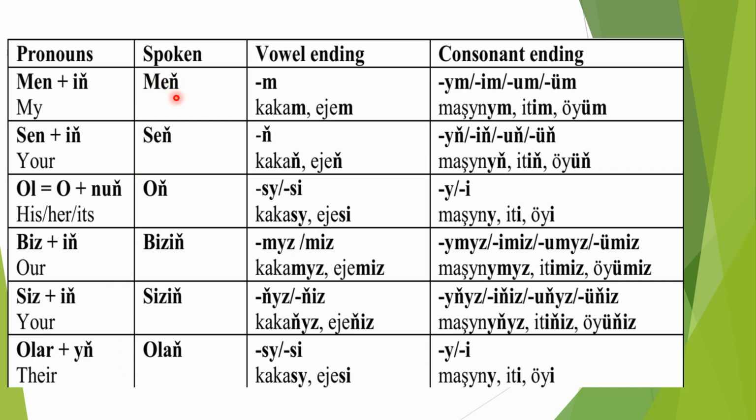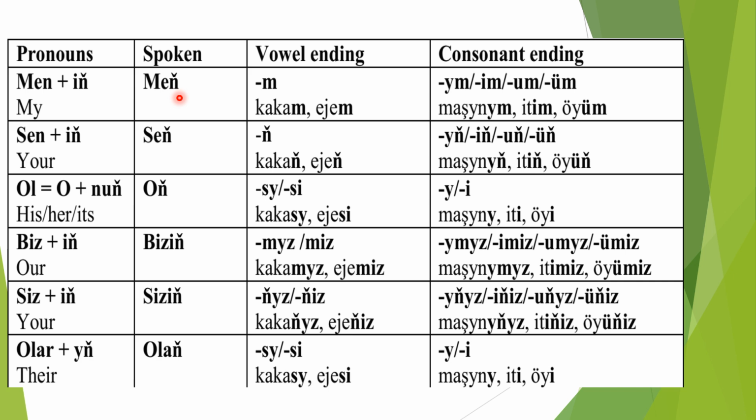Spoken form: meň, seň, onuň, biziň, siziň, olaryň. Of course, in every language the spoken form differs from the written form, because the tongue loves when things are shorter.